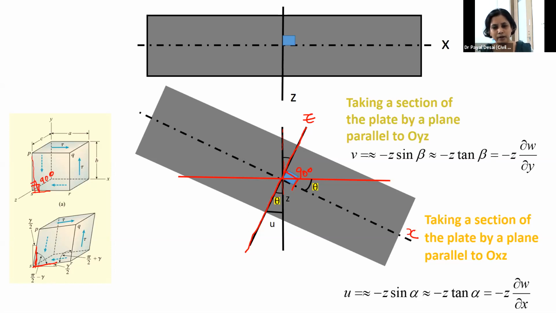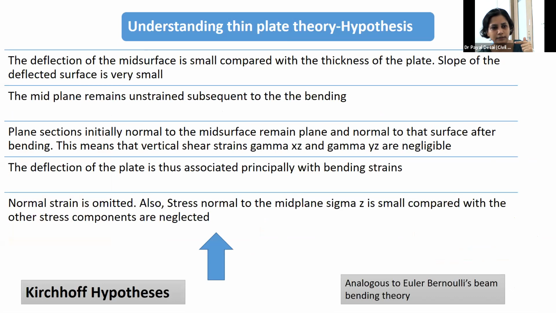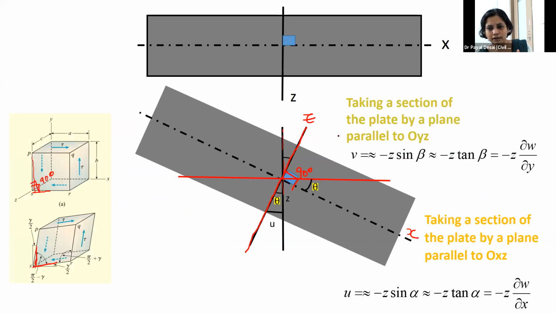Similarly, here the assumption is that the plane section initially normal, meaning 90 degrees, to the middle surface remains plane and normal, 90 degrees, even after the bending, after the deformation. The meaning of this is that on this surface there will be a gamma xz and a gamma yz, and these two shearing strain components will be approximately 0.